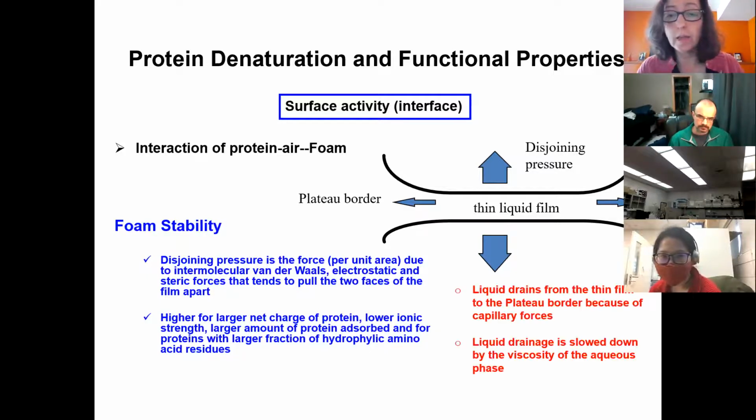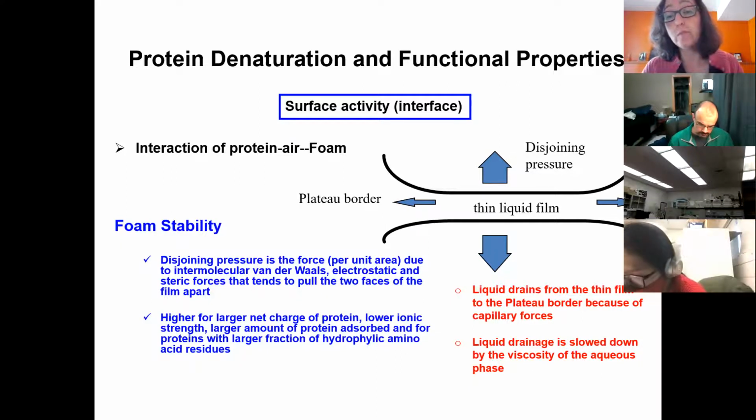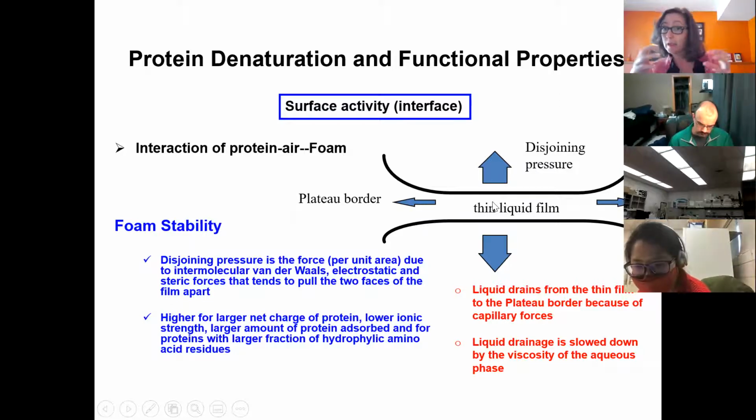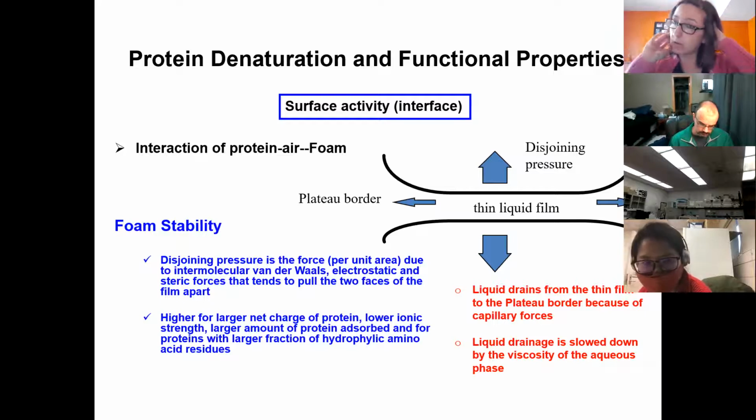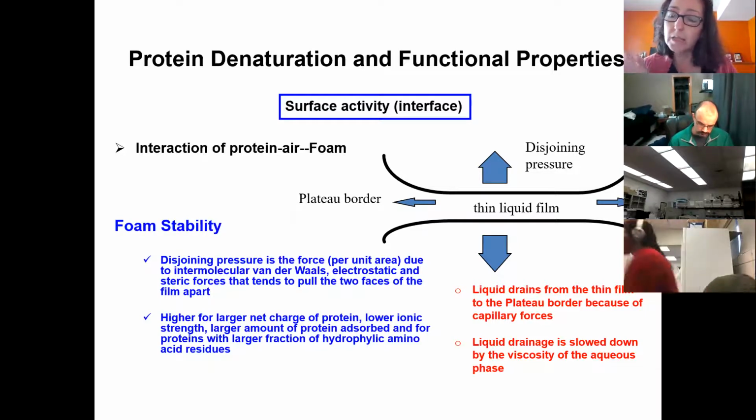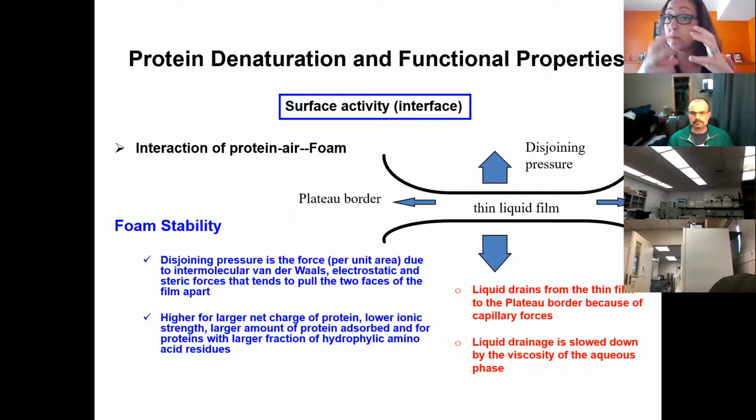Another important thing is the liquid film between the air bubbles. It can thin over time due to capillary forces. What can prevent or slow down thinning is the viscosity of the continuous phase. The higher the viscosity of the continuous phase, the less the thinning of the liquid between the bubbles.